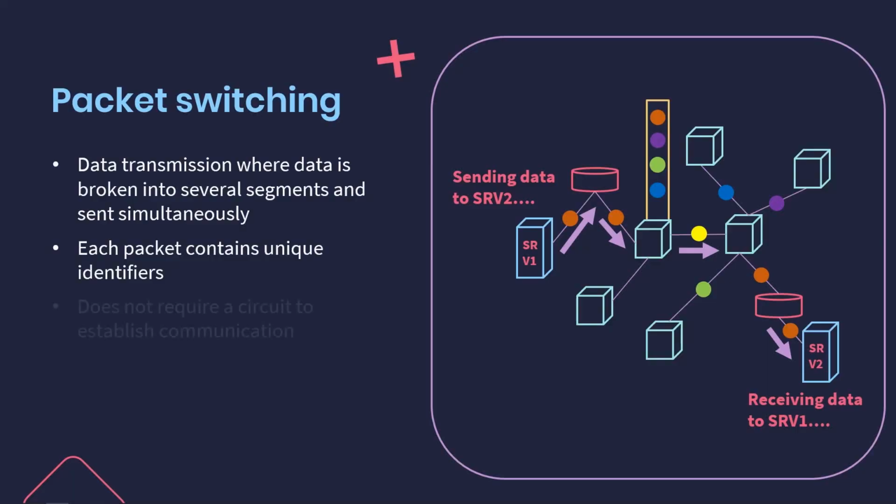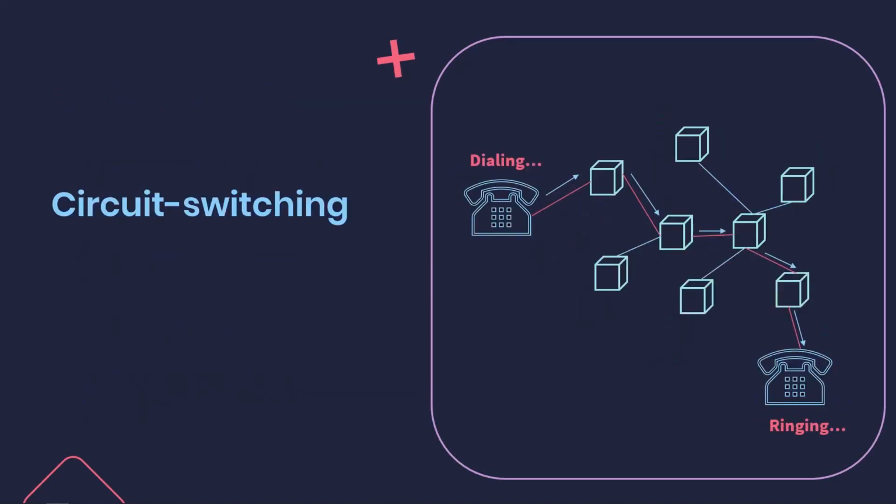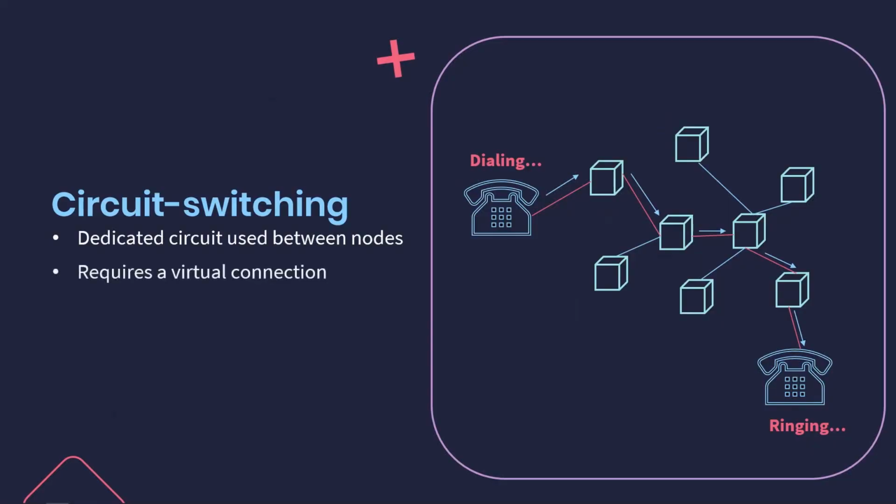Packet switching does not require a circuit to establish communication, and it allows many pairs of nodes to communicate over the same channel. In the case of circuit switching, a dedicated circuit or channel is used between nodes to aid communication. For a communication session to be established, a virtual connection must be set up first.